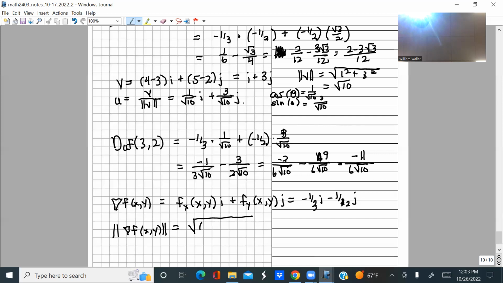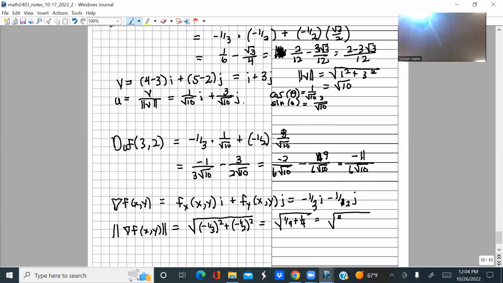from calculus 3. So we just take the minus 1/3 squared, and the minus 1/2 squared, and then take the square root of that sum. So this is 1/9 plus 1/4. Take the square root of that. What is 1/9 plus 1/4? You should be able to do that. What common denominator can we use there? 36?